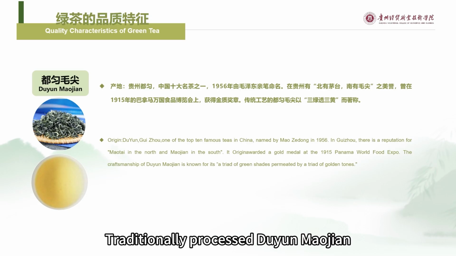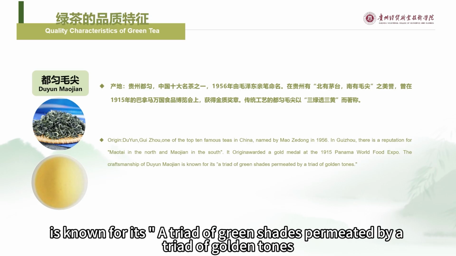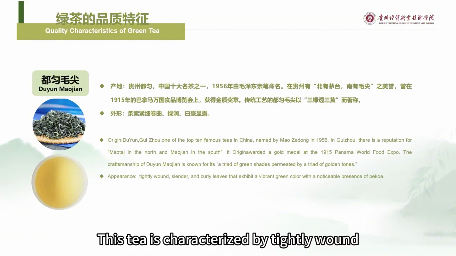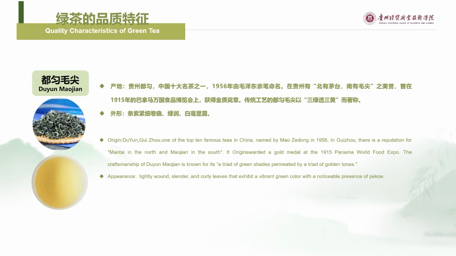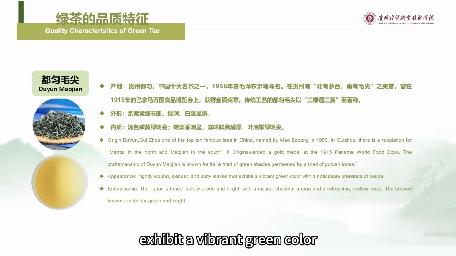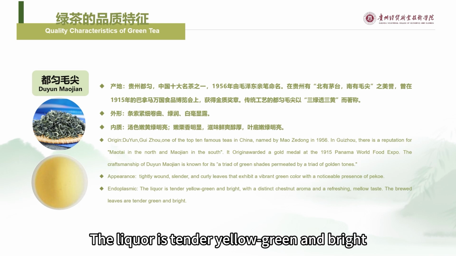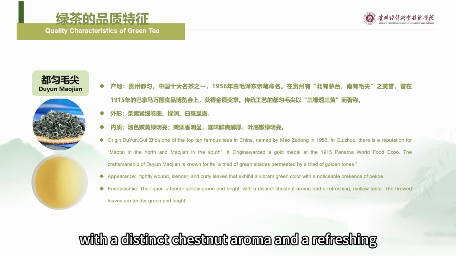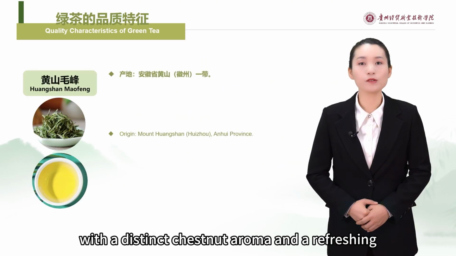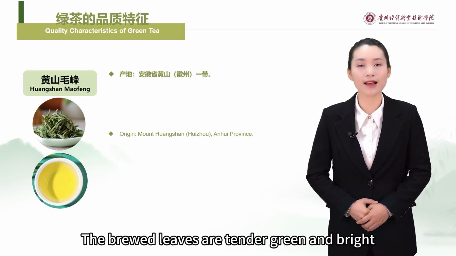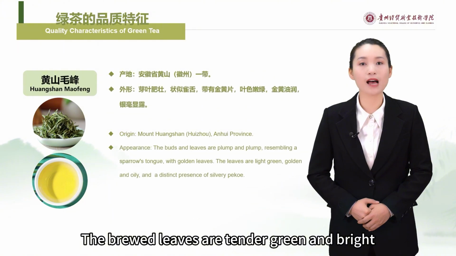Traditionally processed Duyun Maojian is known for a triad of green shades permeated by a triad of golden tones. This tea is characterized by tightly wound, slender, and curly leaves that exhibit a vibrant green color with a noticeable presence of pekoe. The liquor is tender yellow-green and bright, with a distinct chestnut aroma and a refreshing, mellow taste. The brewed leaves are tender green and bright.